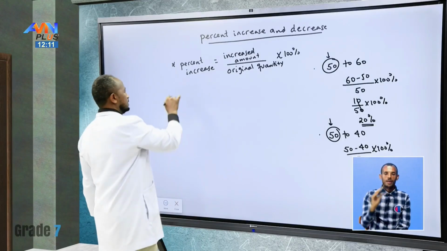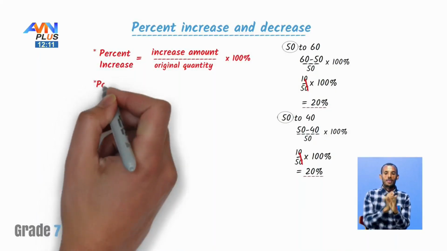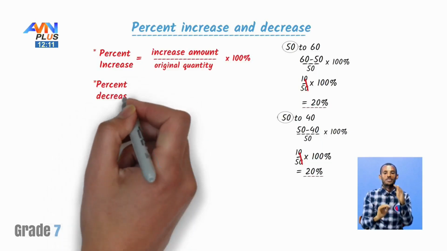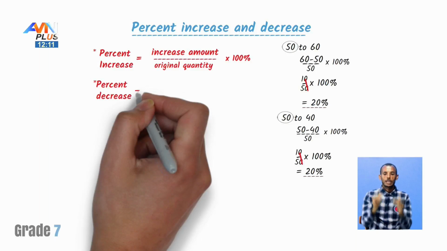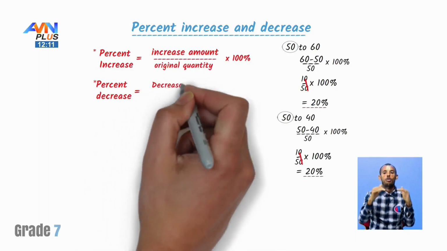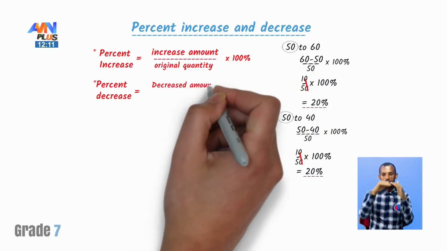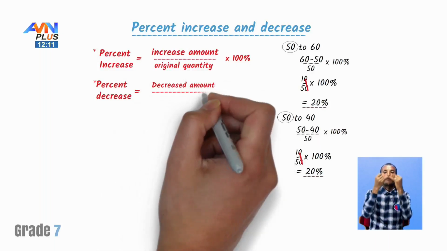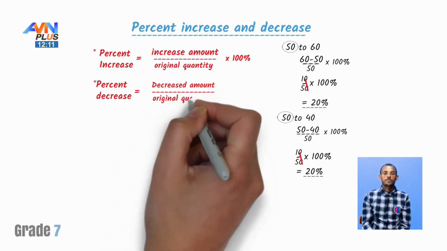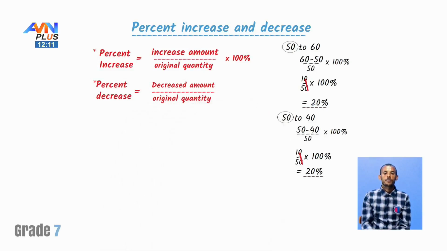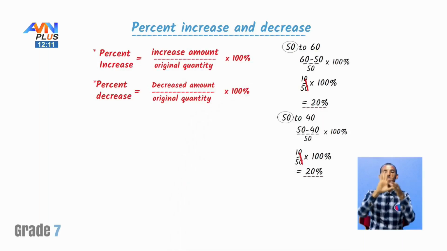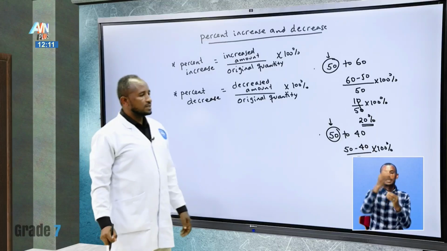And to calculate percent decrease, first you have to find the decreased amount, the decreased amount divided by the original quantity, times 100%. These are the equations to calculate percent increase and percent decrease.